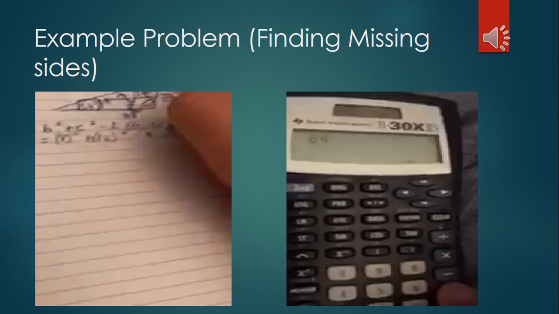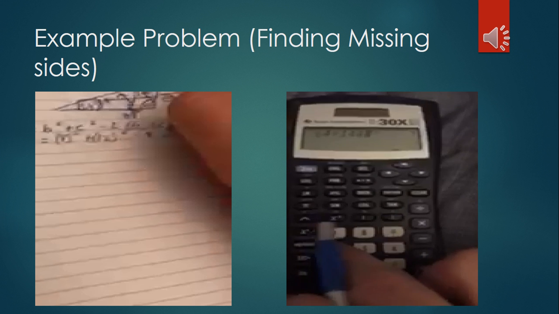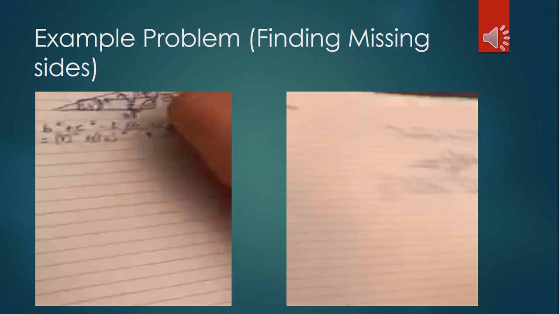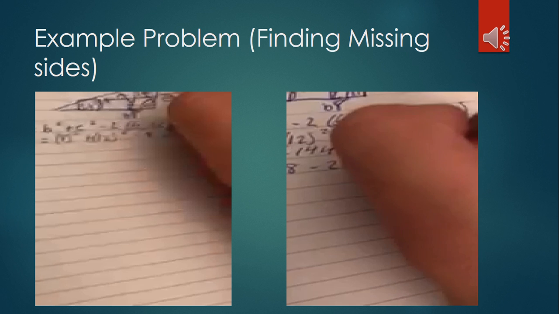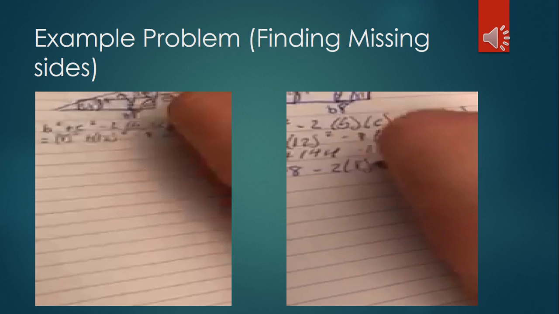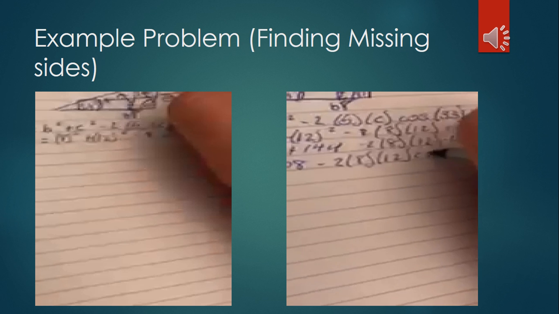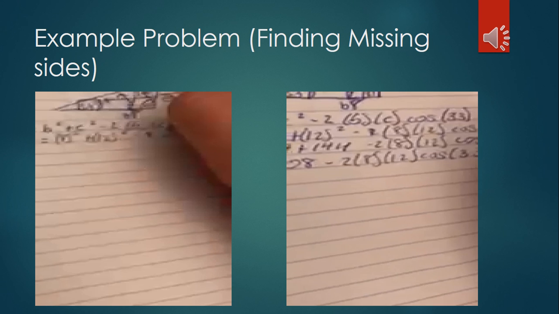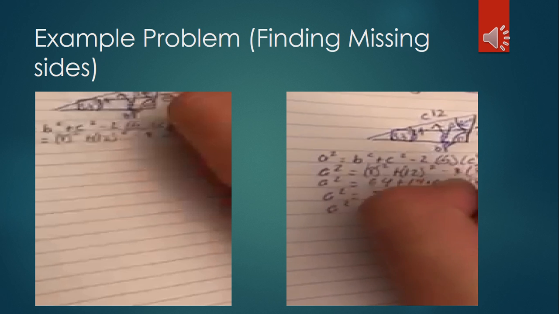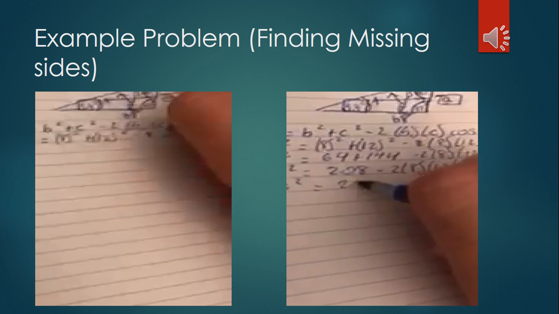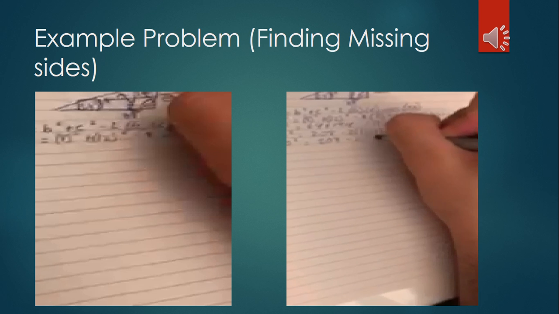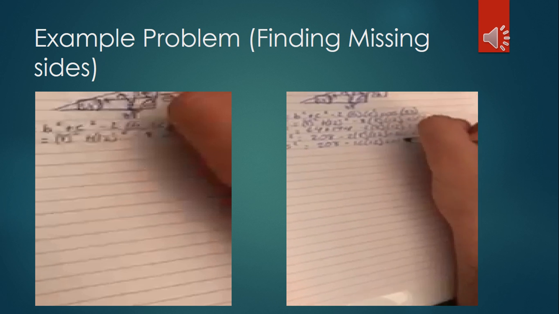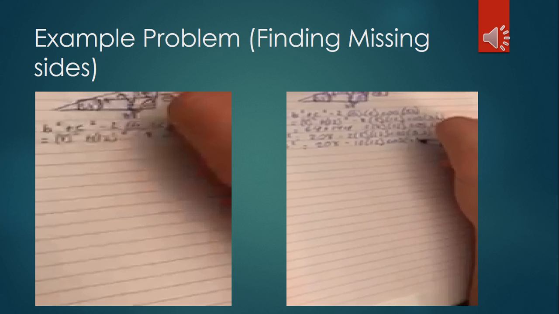Yes. So 208 minus 2 times 8 times 12 cosine 33. So then you go a squared is equal to 208 minus 16 times 12 cosine 33.